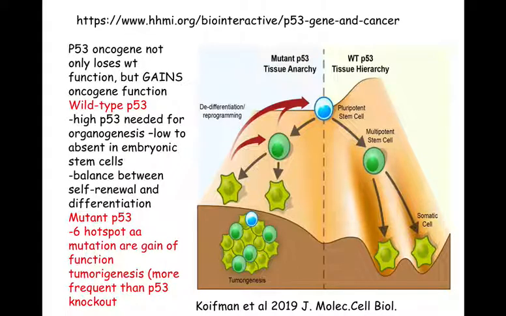In mutant p53, over on this side of the landscape, there are lots of amino acid sites, lots of codons on the p53 gene that are mutated. But 6 in particular are so-called hotspots.